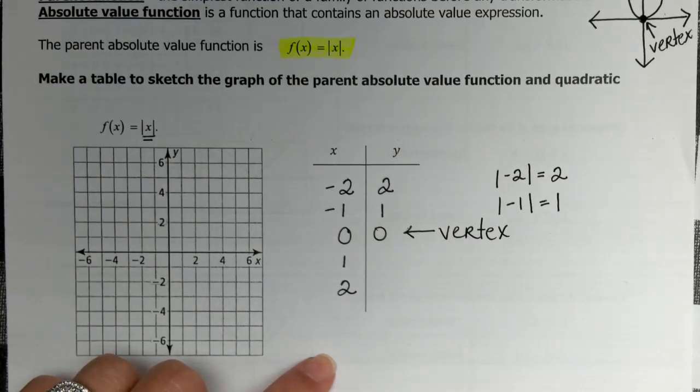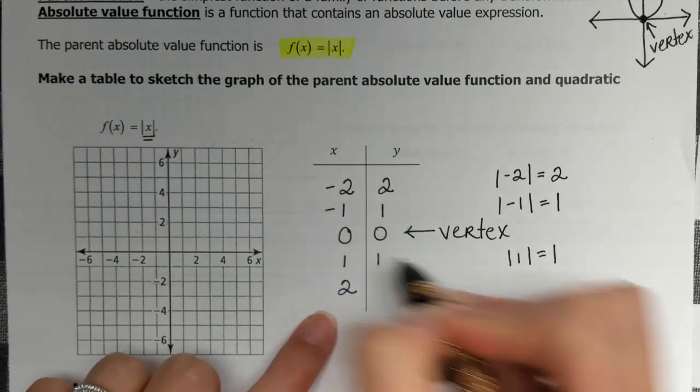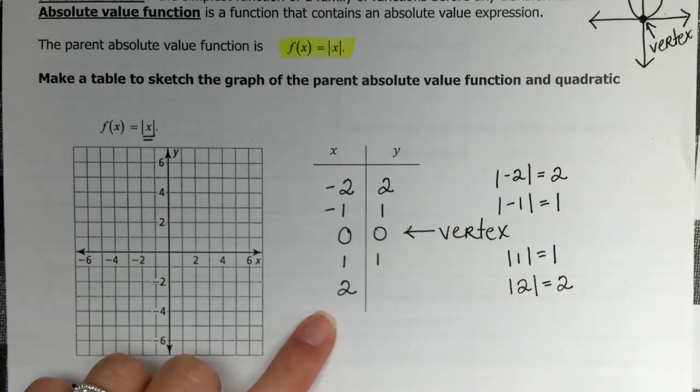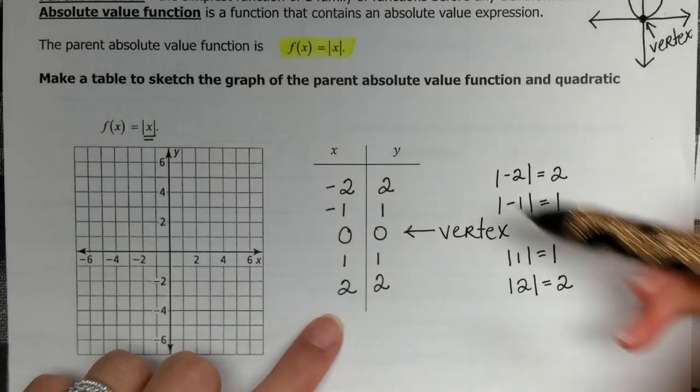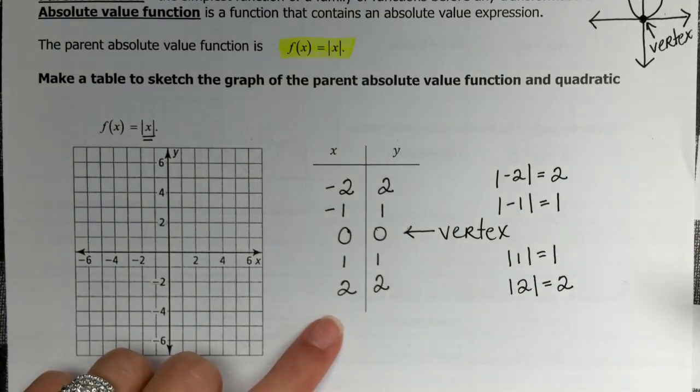Absolute value of 0 is 0. Absolute value of 1 is 1. And the absolute value of 2 is 2. Y'all follow how I got these y values? You will have them memorized probably by the second or third example.